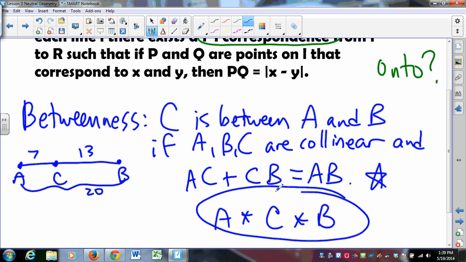We can say that ray AB is segment AB and then all the points P that are beyond AB on the line, so all the points for which B is between A and P. And those are things to help you think about.